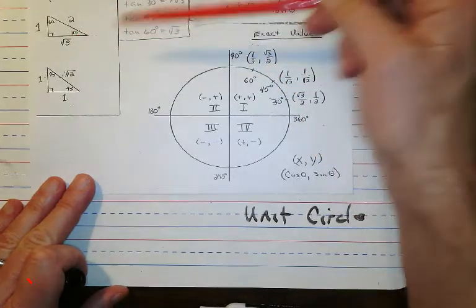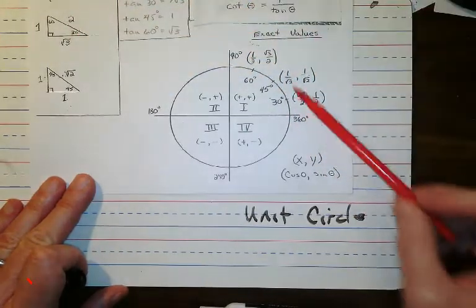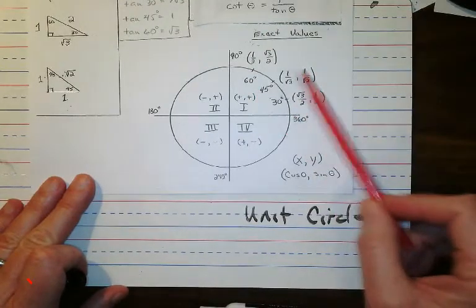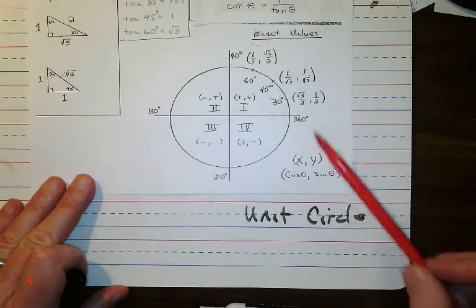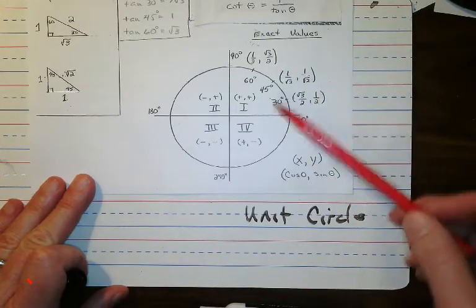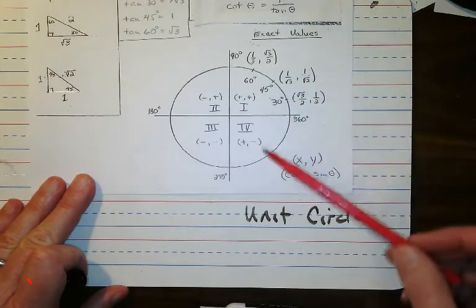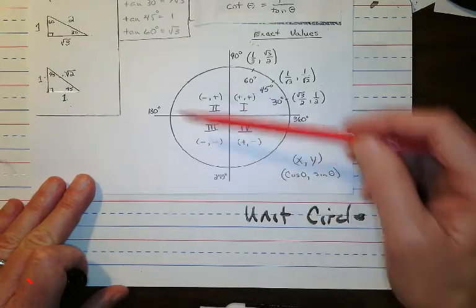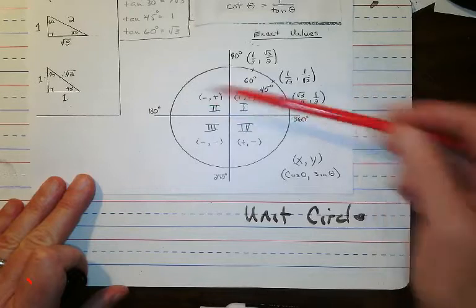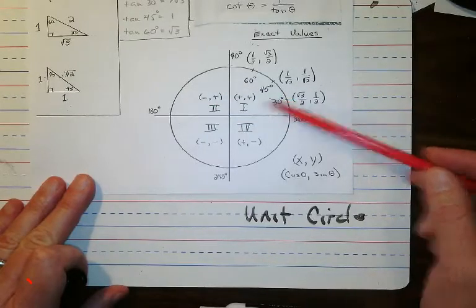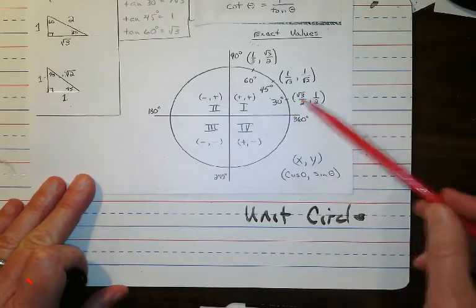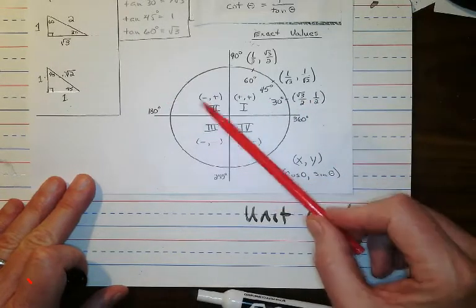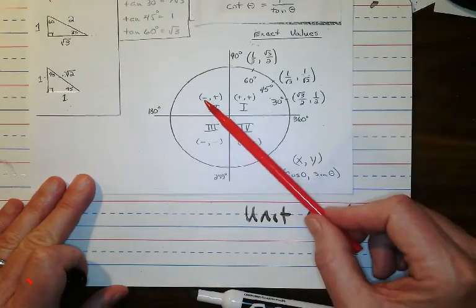Right? No problemo, right? That's what we did whenever we were solving 30 degrees, 45, and 60 degrees on those special triangles. Well, these angles are special because when you find an angle over on this side that has a reference angle that's the same size as that, then it's going to have exactly the same numbers, except over here, the x number is negative and the y value is positive.